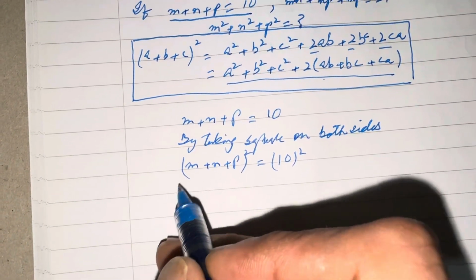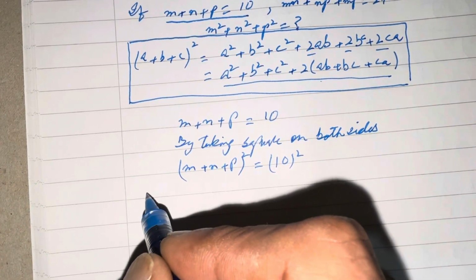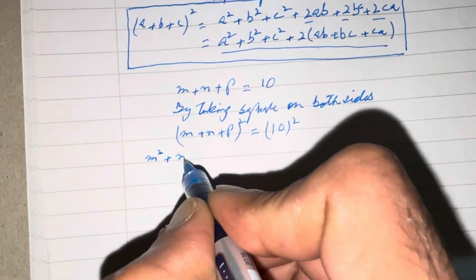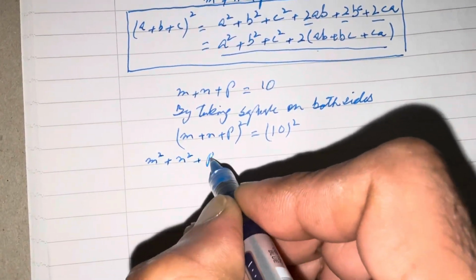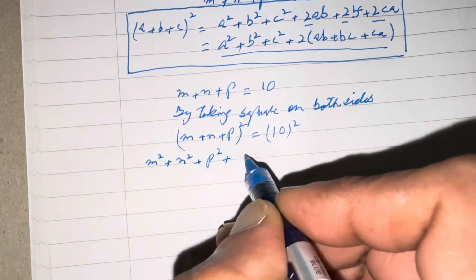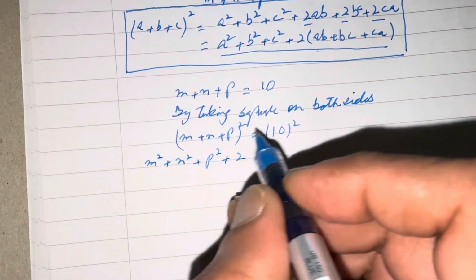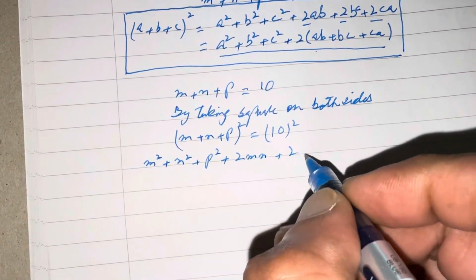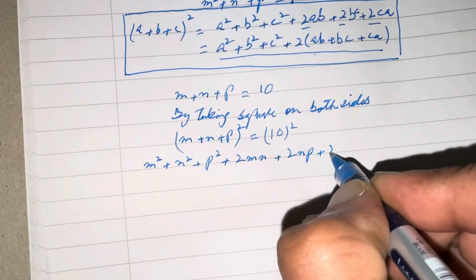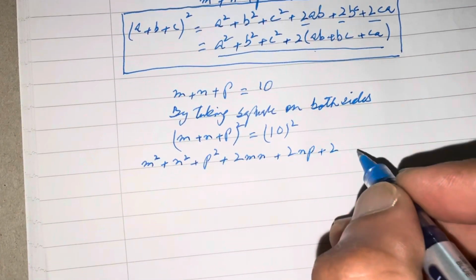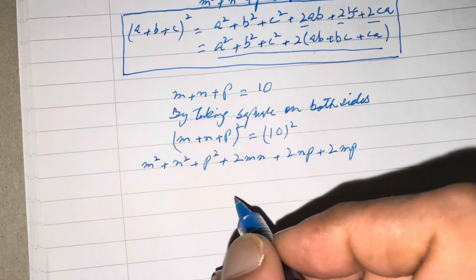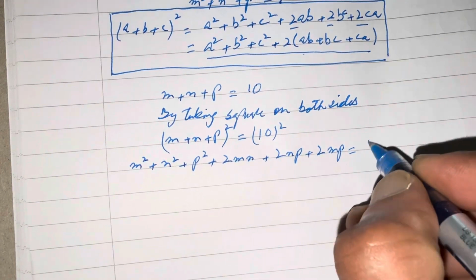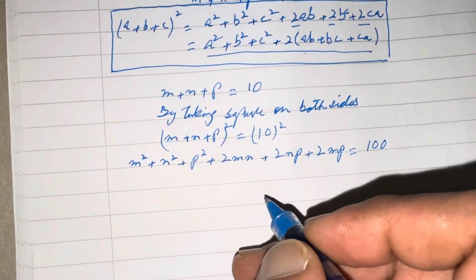So this can be written as square of first plus square of second plus square of third plus 2 into first into second plus 2 into second into third plus 2 into third into first is equal to 10 raised to power 2, or 10 square, which means 10 multiplied by 10 is equal to 100.